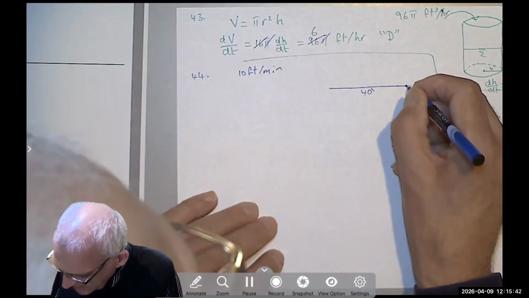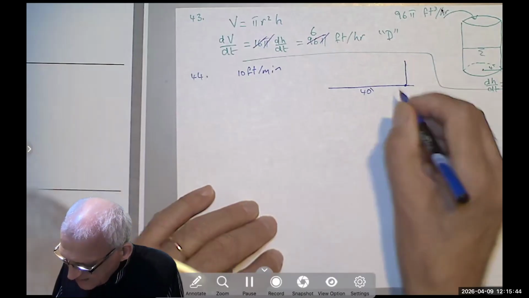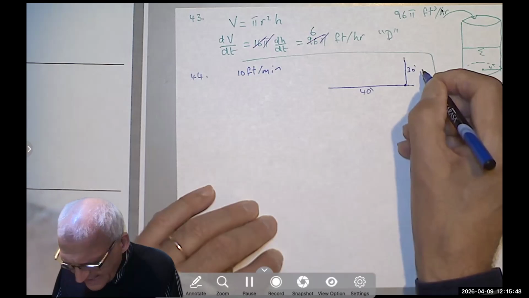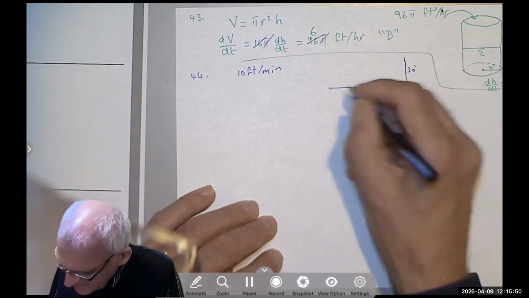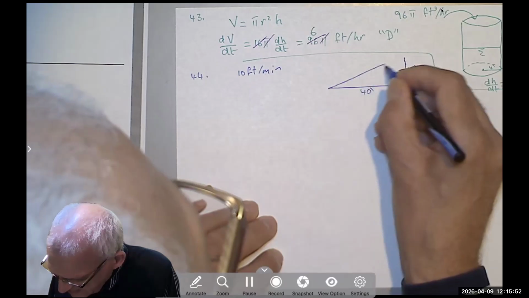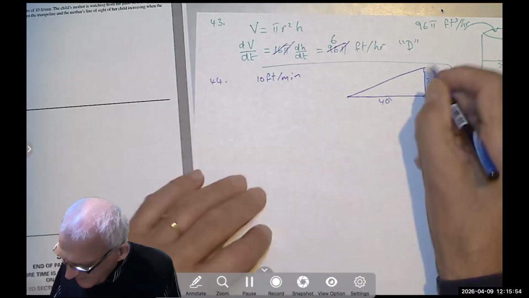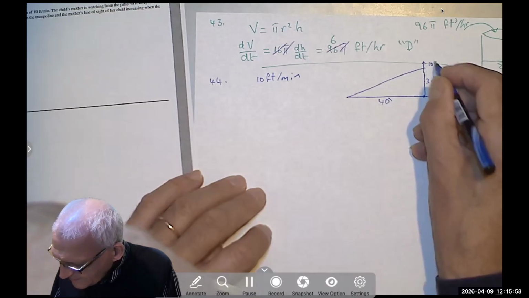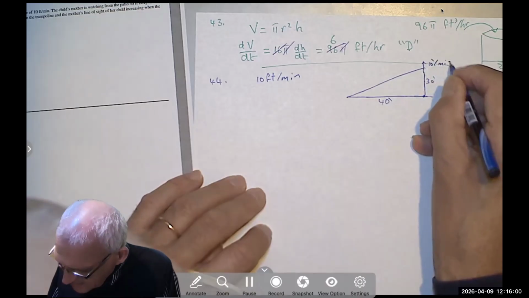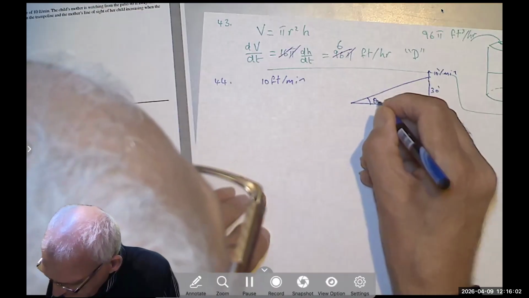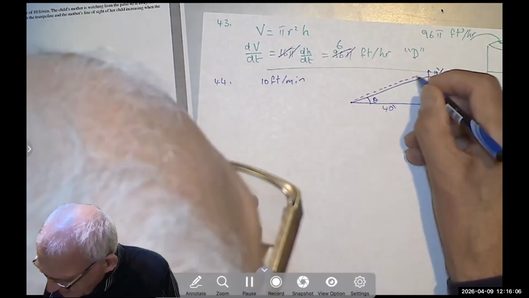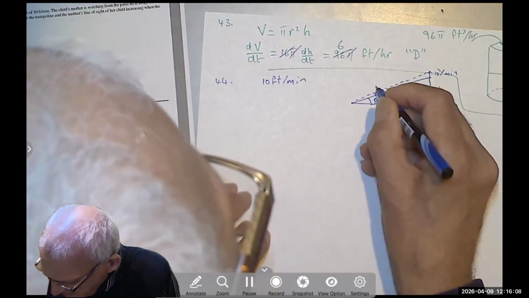So the child jumps here until he's 30 feet in the air, and he's going up at a rate of 10 feet per minute. If we call this angle theta, we want to know d theta dt.